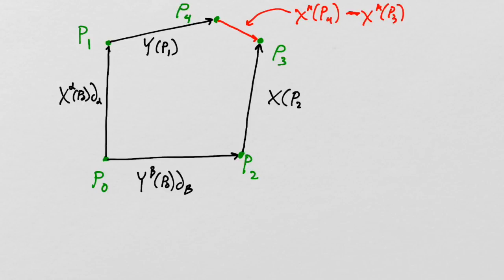So we start with understanding that we're dealing with flat space, and these are displacement vectors. So this displacement here is equal to the coordinates of P4 minus the coordinates of P3. Wait a minute, I have this arrow pointing in the wrong direction, don't I? Let me fix that.